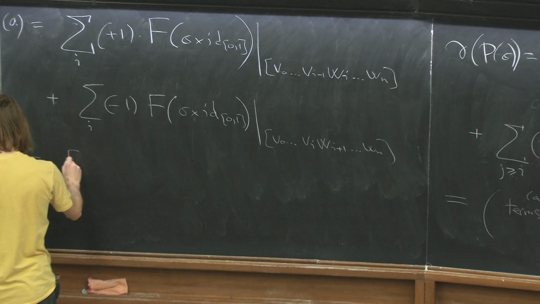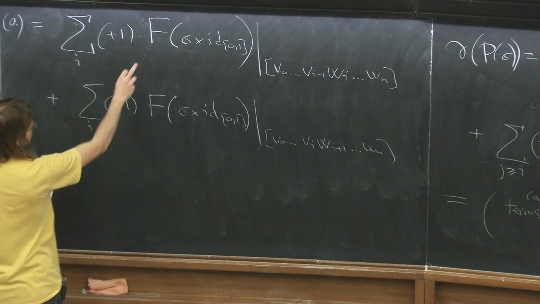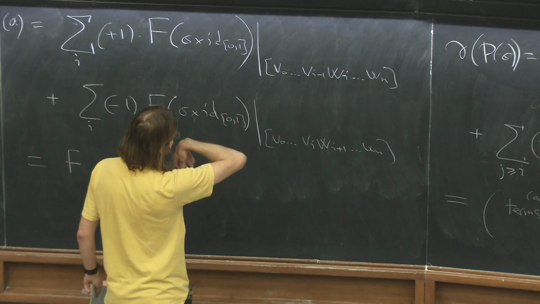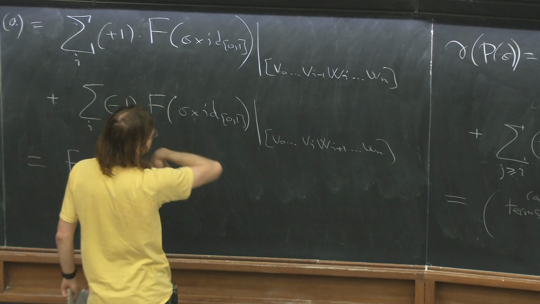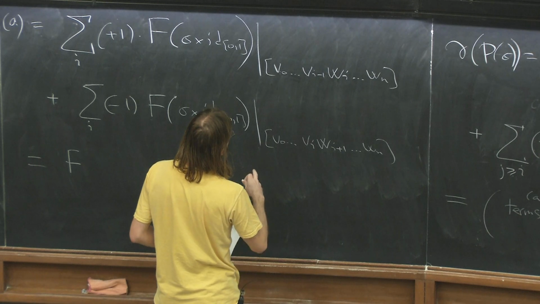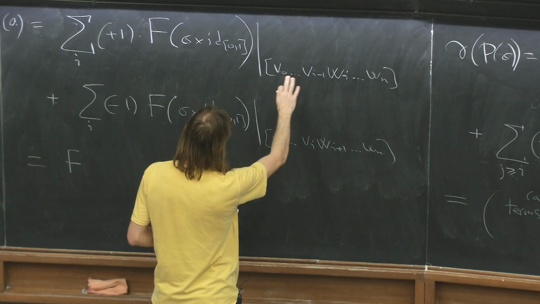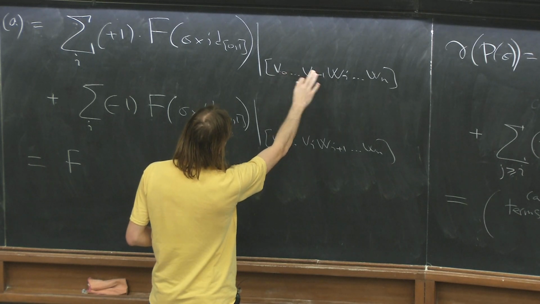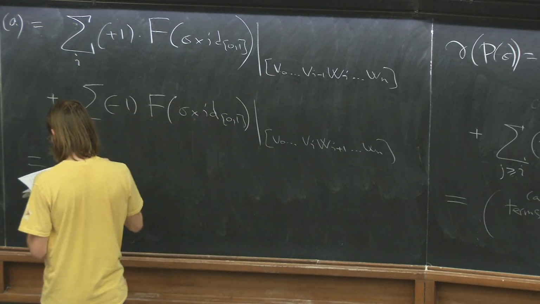So in particular, the first term here is when i equals, okay, yeah, this corresponds to when we remove all v vertices.